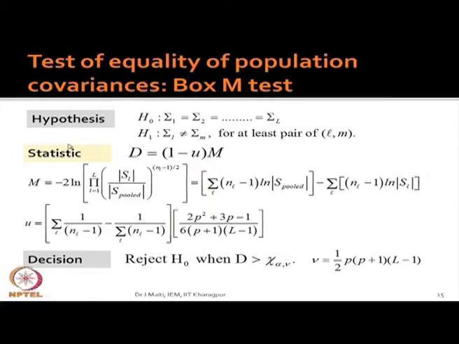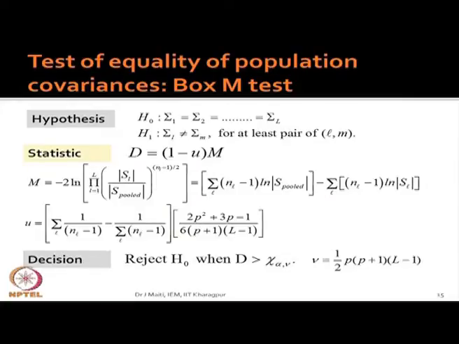As we have discussed earlier, it says that there is no difference in the covariance structure across the different populations, or, the other way, across the different levels of the factor, where the factor is the designation group: officers, operations workers and maintenance workers. And our alternate hypothesis is yes, there is a difference in at least one of the pairs.